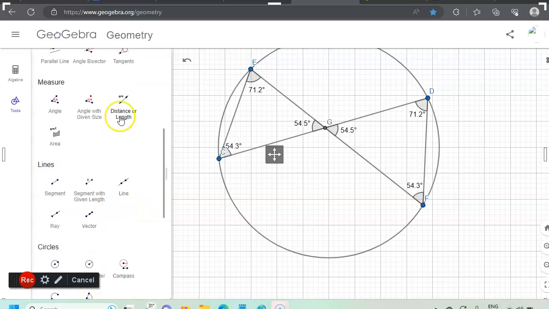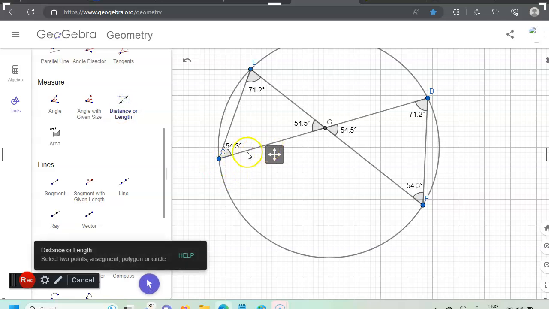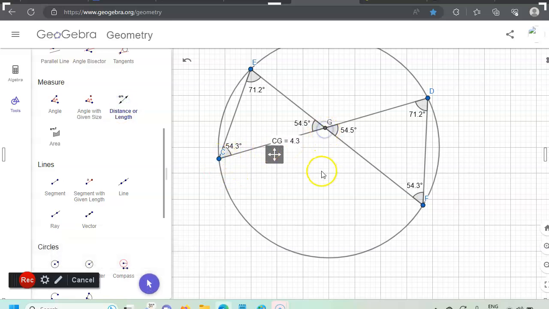So the distance of CG is 4.3, the distance of GD is 4.1, the distance of EG is 3.7, and the distance of GF is 4.8. The distance of EC is 3.7, and the distance of DF is 4.1.